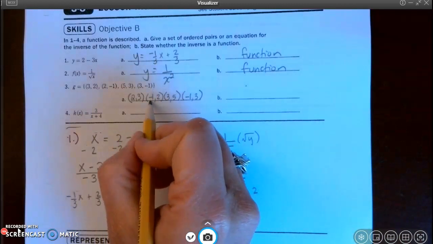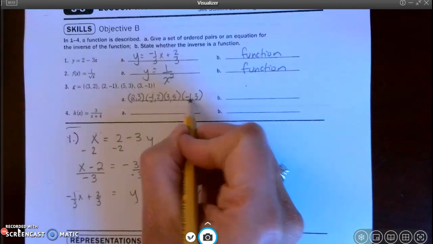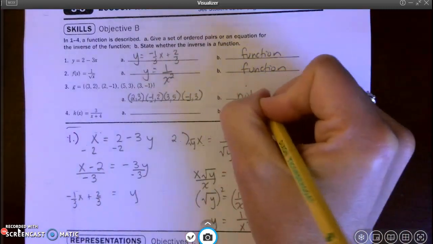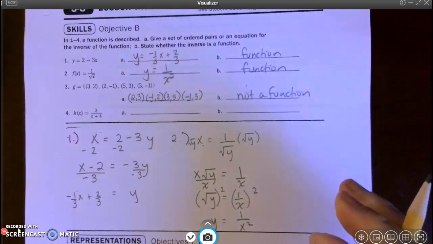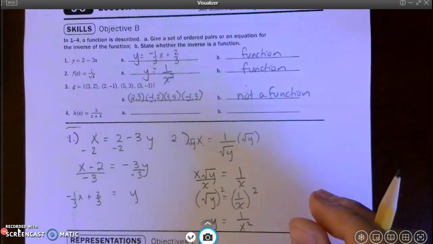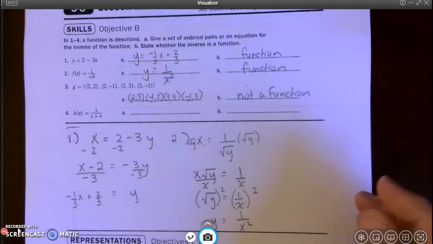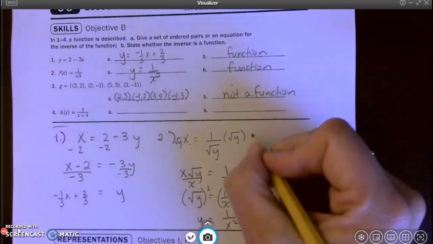I notice right away I have an input of -1 where I get 2 and an input of -1 where I get 3. So this is not a function because each input should have only one output, and -1 has an output of both 2 and 3.